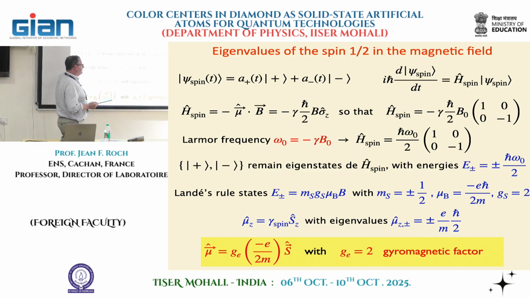If I come back to the Landé rules, they tell me that if I take any system, like for instance an electron, then the energy will be m_s g_J mu_B times B, mu_B being the Bohr magneton. m_s is plus minus 1/2, and mu_B is equal to e h bar over 2m. This means that somehow, if I use the spin 1/2, there is a subtlety.